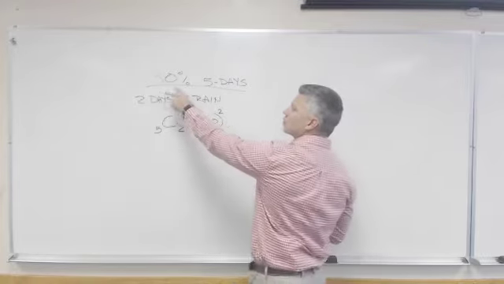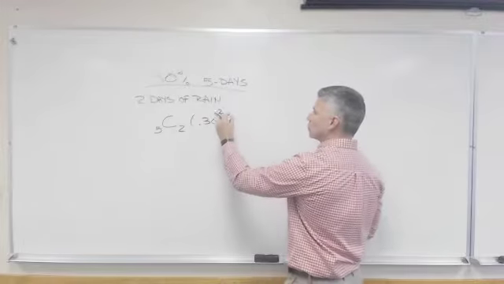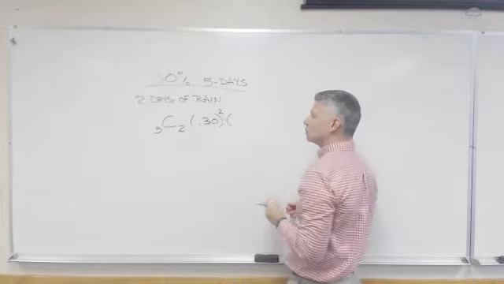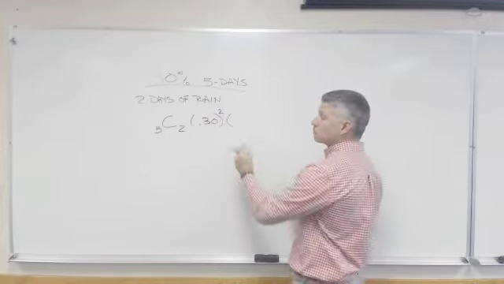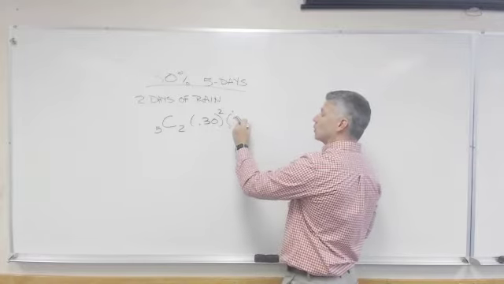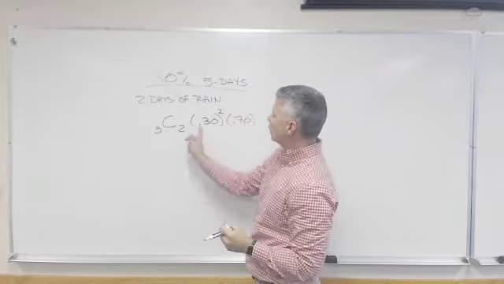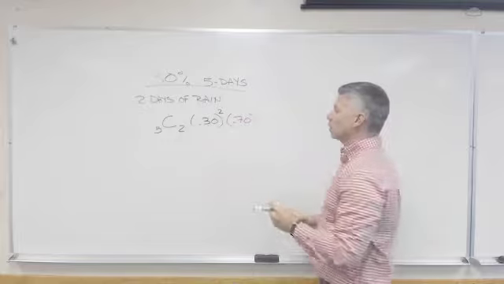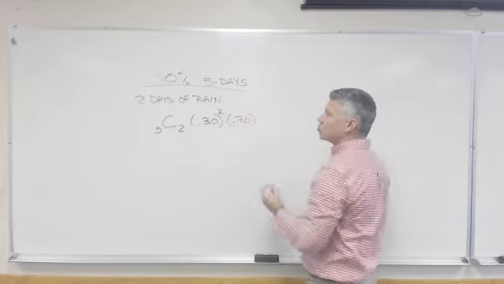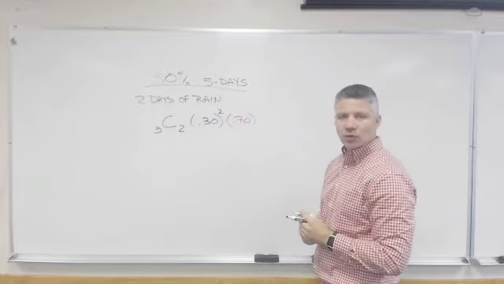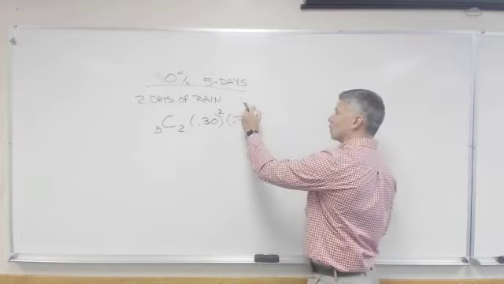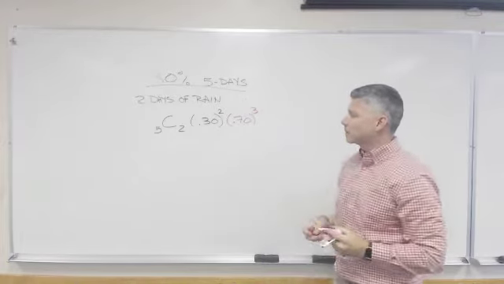Well, if it rains 30%, what's the chance or the percentage that it doesn't rain? 70. Good. And we found that by just doing 1 minus the 0.30. And if it's raining 2 of the days, how many days is it not raining? 3. Exactly.